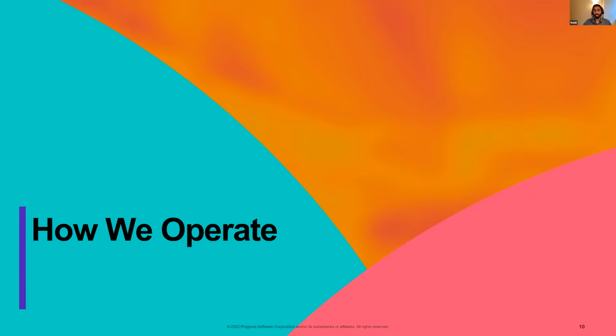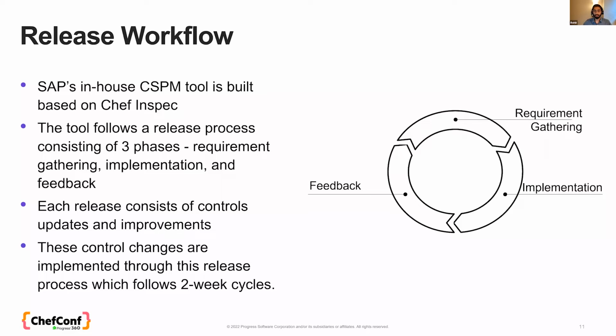So in this section, we'll talk about the release process that we have internally designed in order to run these compliance scans and make compliance scans possible at such a SAP scale, and to operationalize the process that Justin has talked about previously.